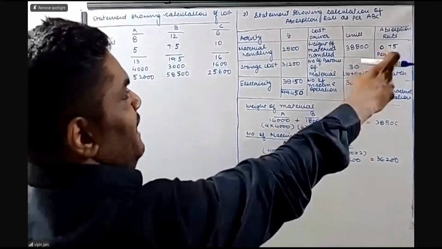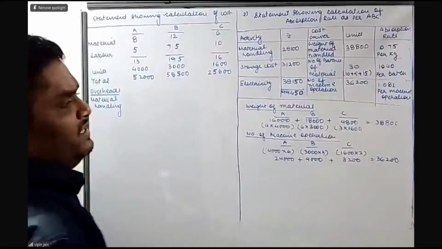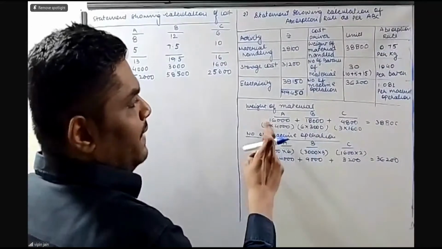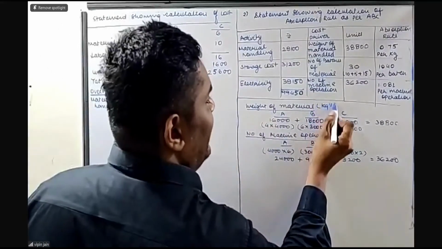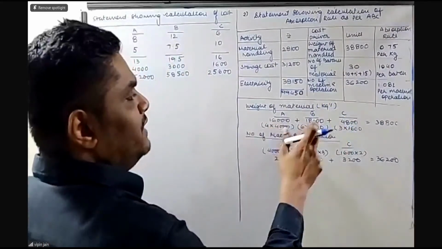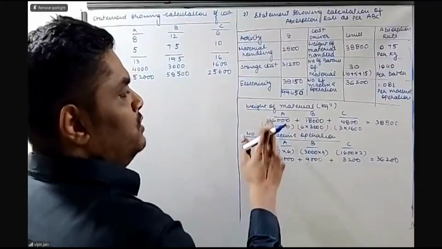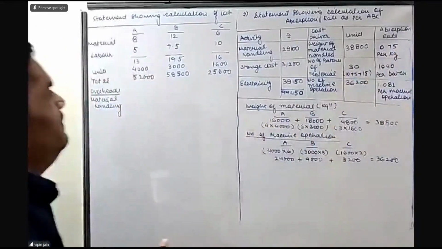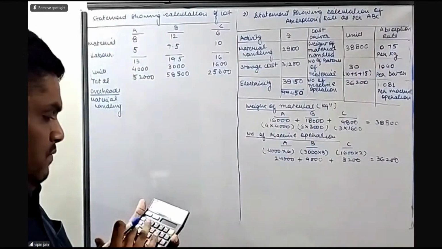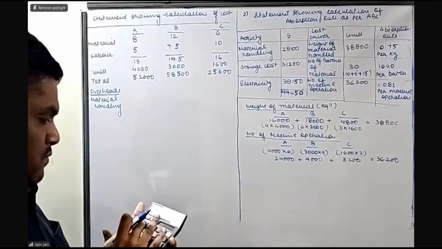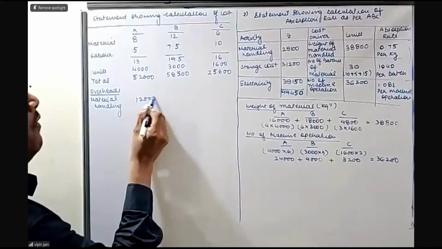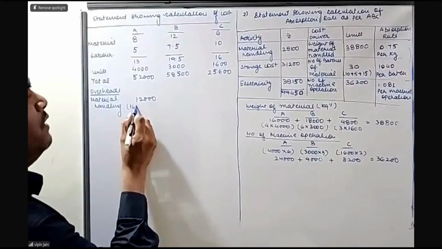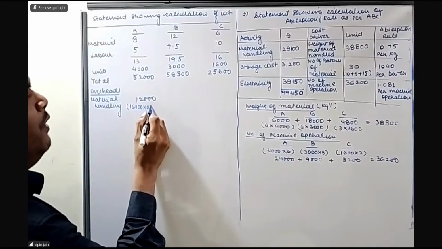See, the rate is 0.75 per kg. And when talking about the weight of material in kgs, we have already calculated that is 16,000, 18,000, and 4,800. So 16,000 into 0.75. So this will be 12,000 for A. That is 16,000 into 0.75.